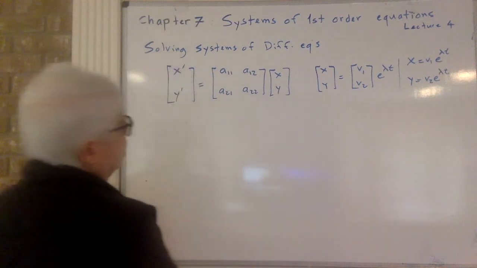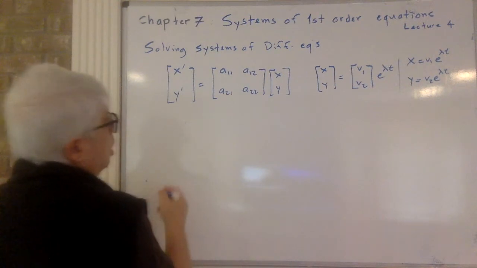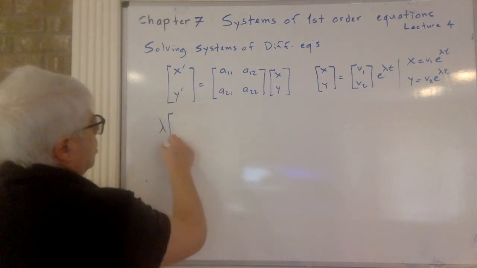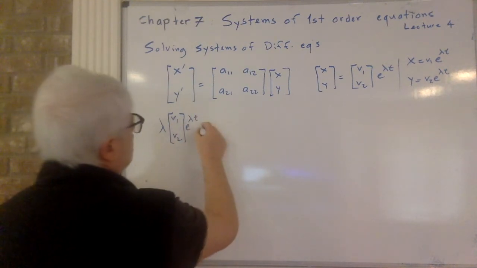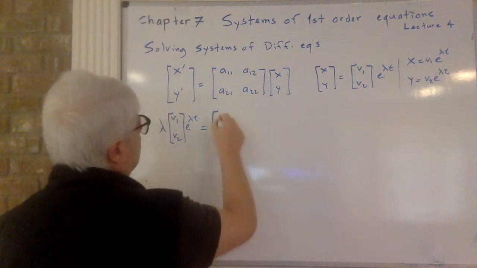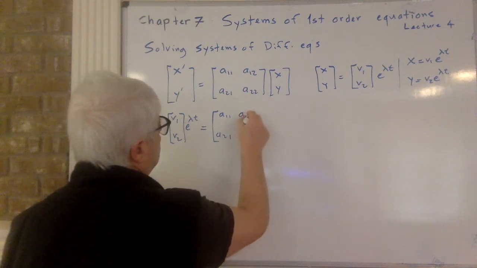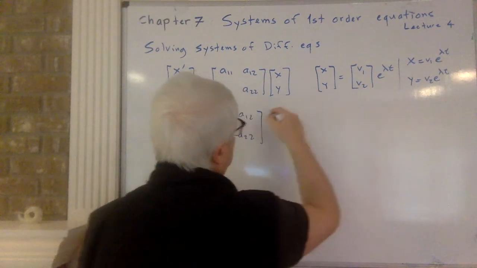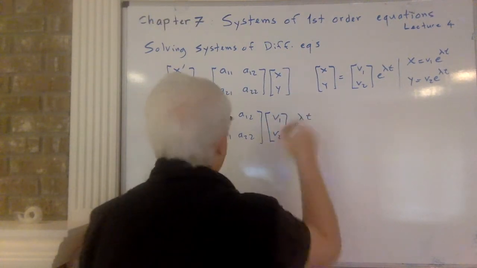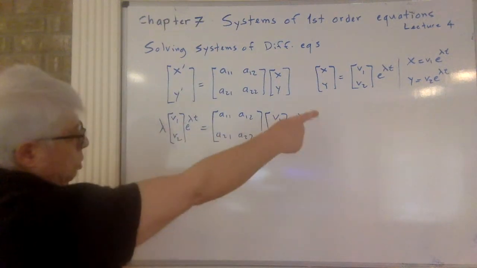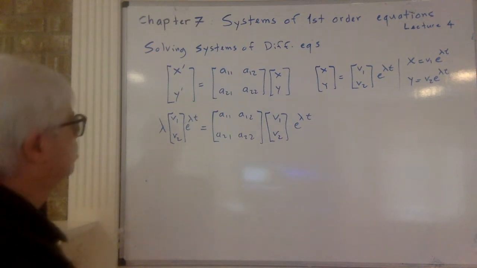Then plugging these in, the derivative is lambda times v1, v2, e to the power lambda t, and this side is simply the matrix times this. The derivative is lambda e to the power lambda t, and v1, v2 is just a constant.